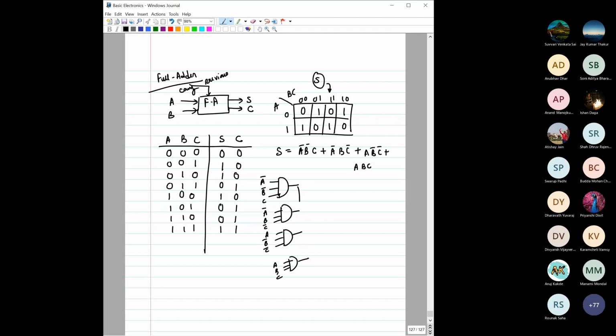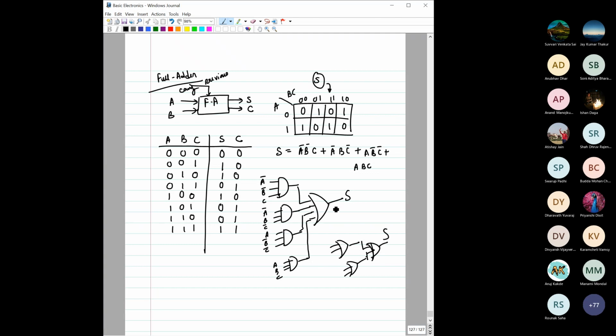A, B, C, right? Now after that simply add them. Now see, we are using here a four input OR gate. Otherwise what you can do, you can add the first two terms using an OR gate, then add them again using another OR gate.